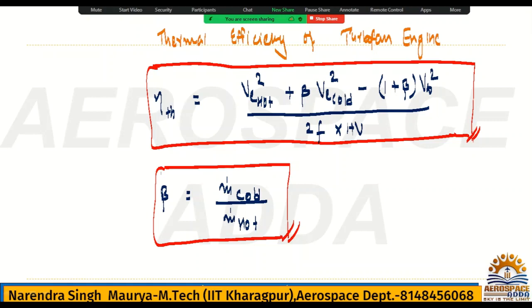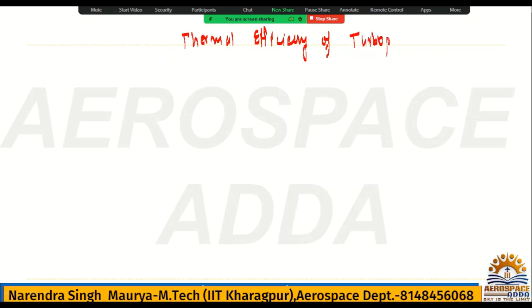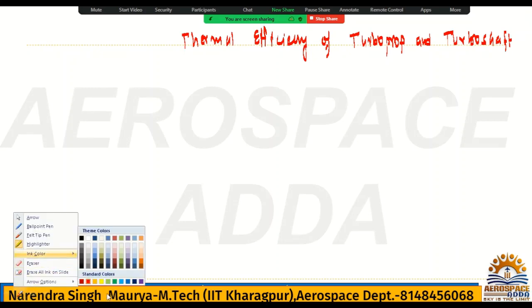So I will write the thermal efficiency of the turboprop and turboshaft engine here. So what will be the formula here?